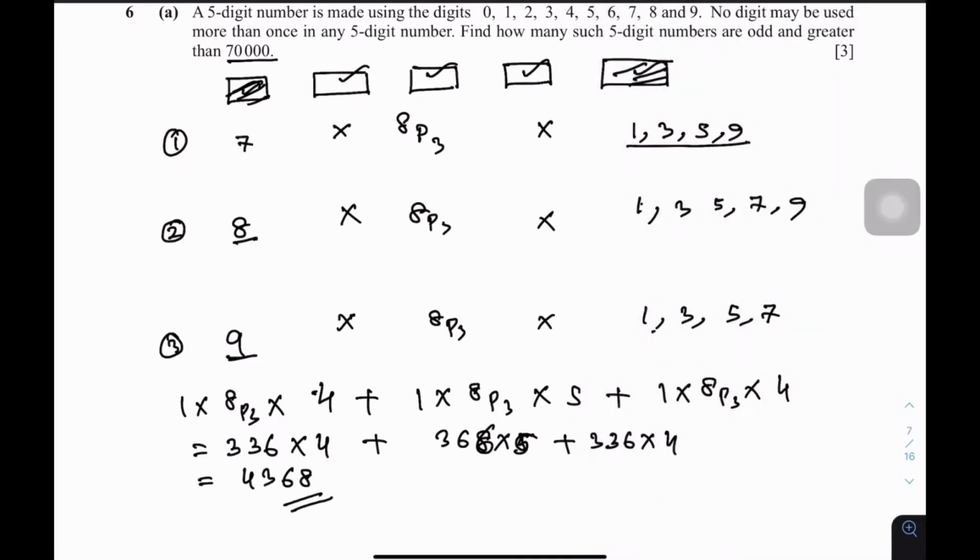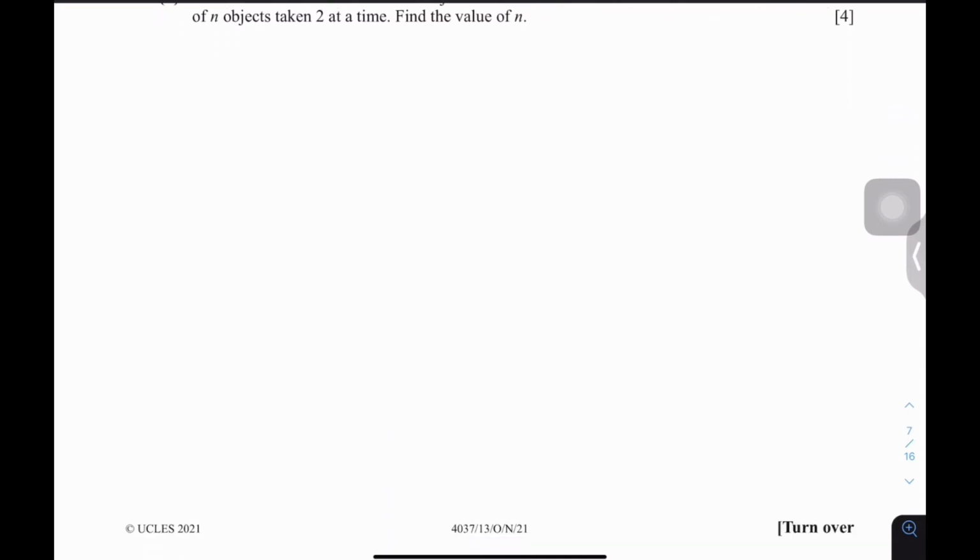Okay, now let me solve question B. Find the number of combinations of n objects taken 3 at a time, so we can write here nC3 is 2 times the number of combinations of n objects taken 2 at a time.